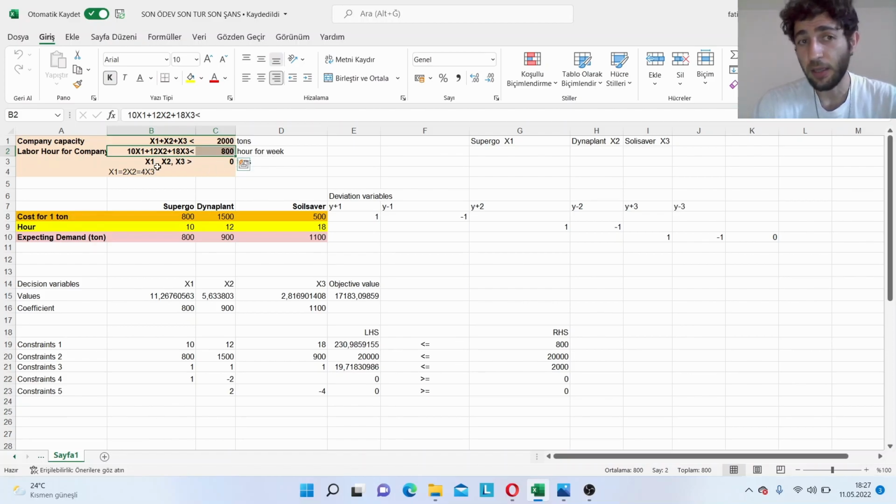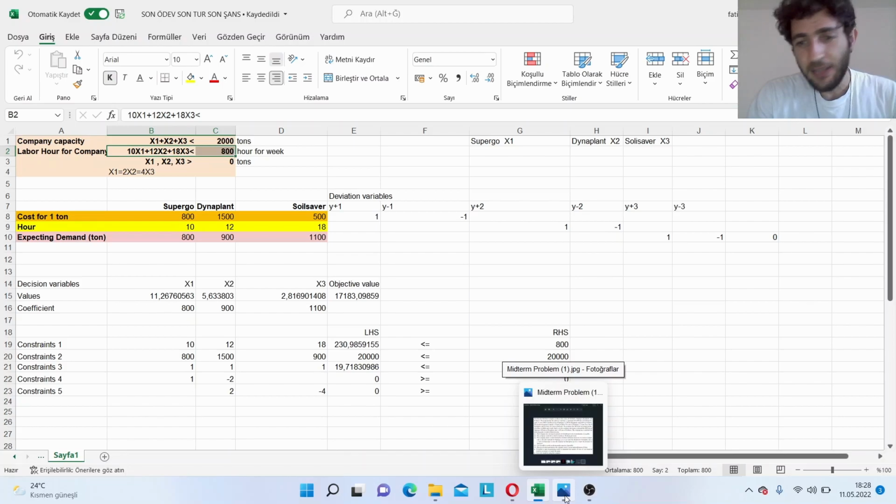Another equation is again related to capacity, because this company has to produce some product, so X1, X2 and X3 must be bigger than 0. The problem gives us some goals.